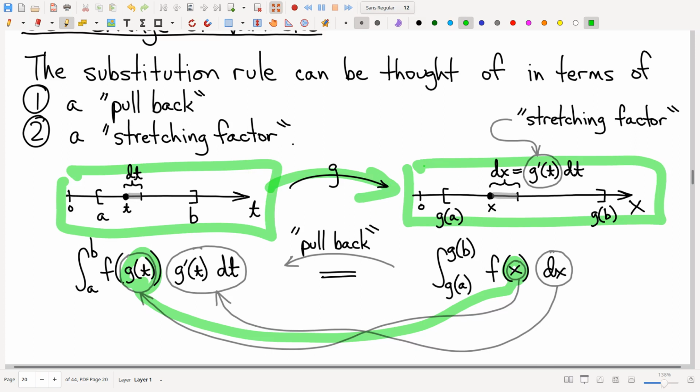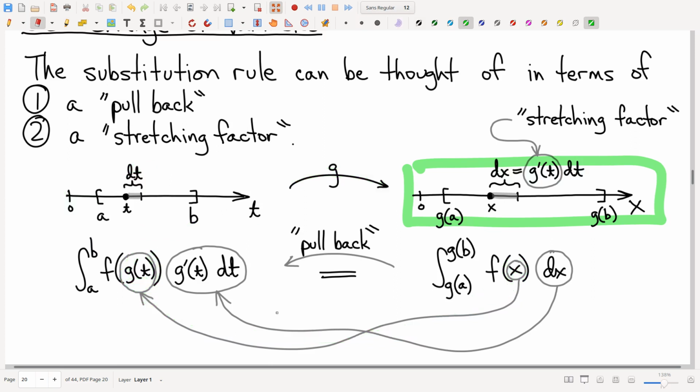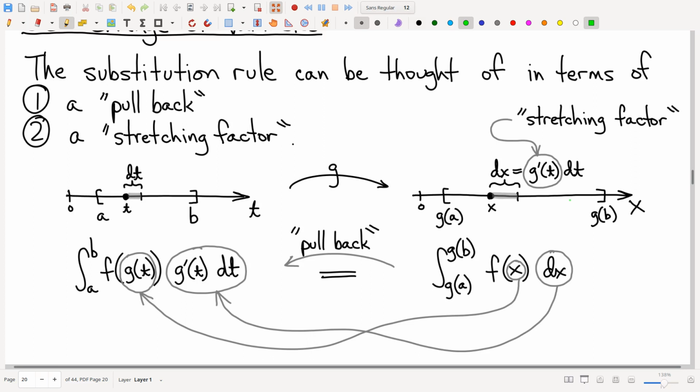So we're going to think of this more sort of geometrically, as it were. With this idea in mind, there are two big points that we want to take in understanding how the substitution rule makes sense in this context, from this geometric point of view. One is the idea of the stretching factor.